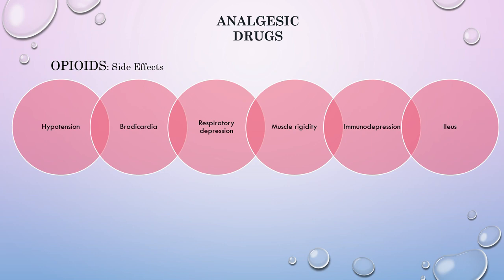Bradycardia and respiratory depression, talking about remifentanil at the low dose of continuous infusion, are not so frequent side effects. Immunodepression seems not to be clinically relevant, while bowel dysfunction is really common. I will talk later about tolerance and withdrawal syndrome.